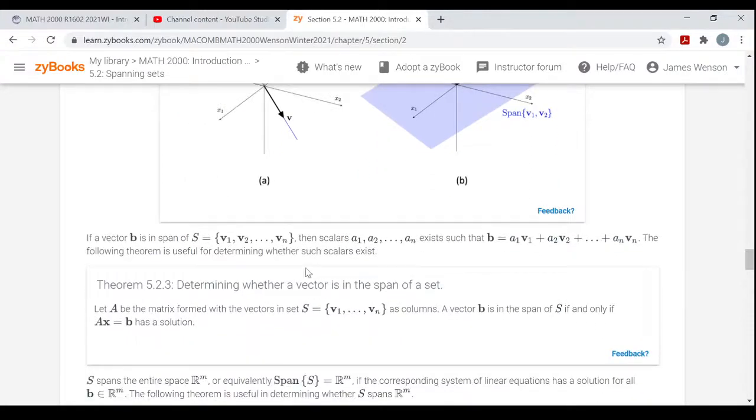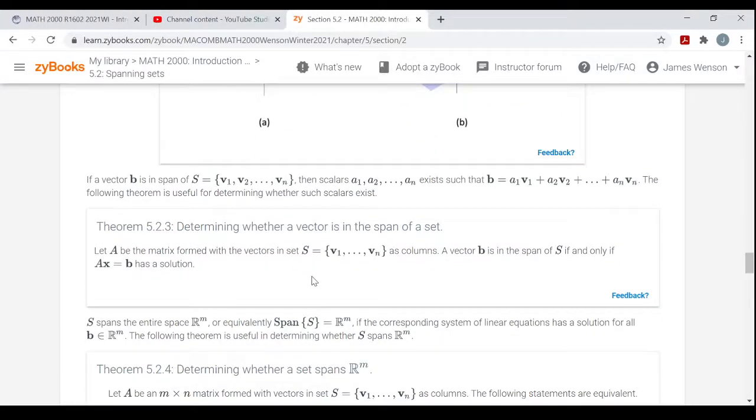All right. If a vector B is in the span of S, then there are scalars such that B is a linear combination of those vectors. This is what I've been saying all along about linear combinations. Suppose A is the matrix formed with the vectors in this set, so column 1 is vector 1, column 2 is vector 2, column 3 is vector 3, and so on.